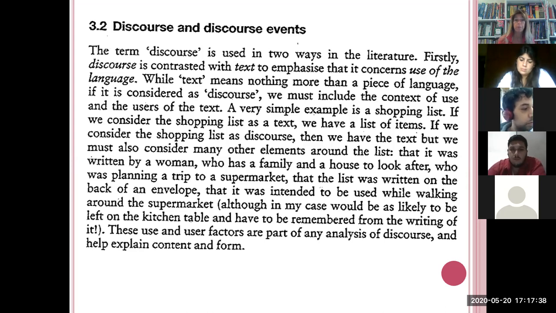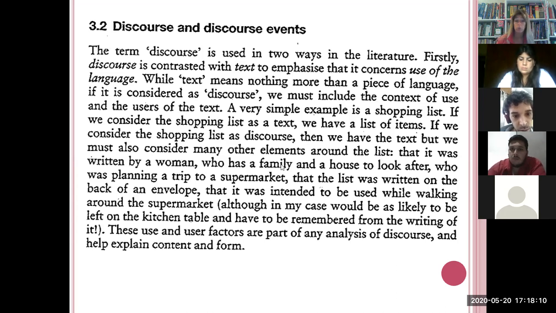All right, good. Now, there is an example here where it says we must include the concept of use and the users of the text. A very simple example is a shopping list. If we consider the shopping list as a text, we have a list of items. If we consider it as discourse, then we have the text, but we must also consider many other elements around the list.